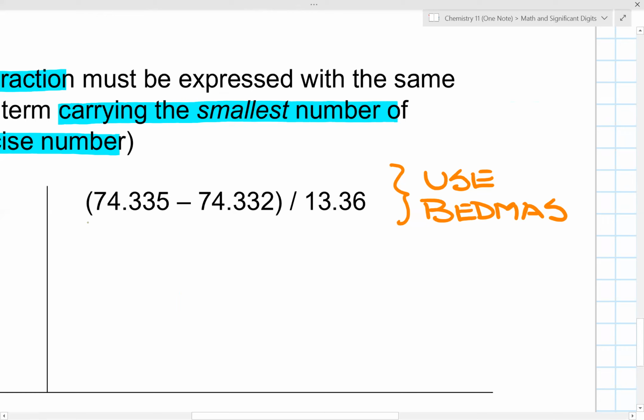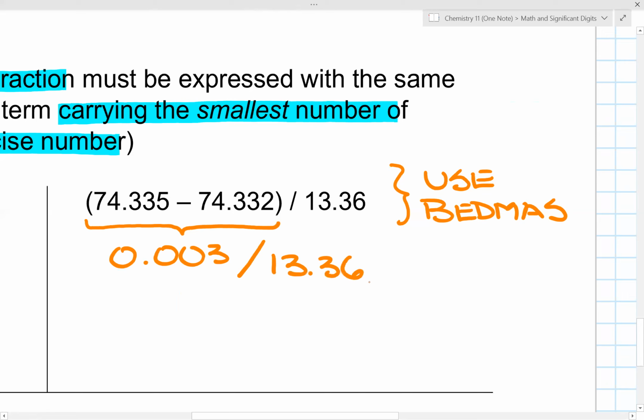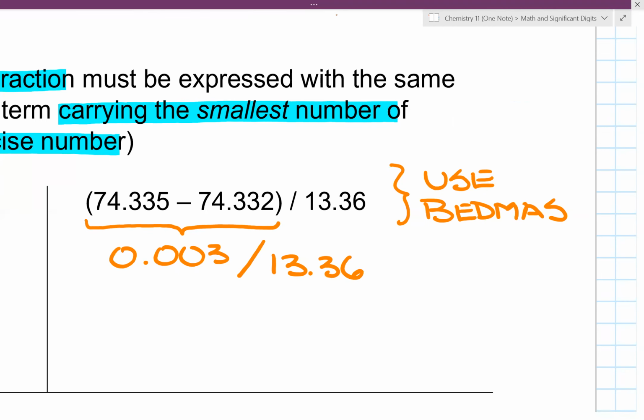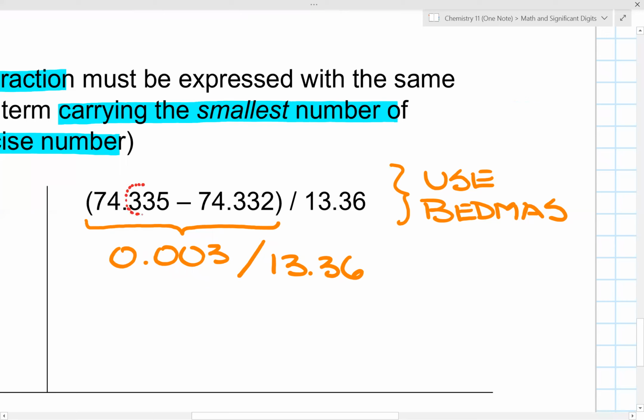So in this case, this answer would be 0.003, and divided by 13.36. Now, why did I keep 0.003? It is because there are 3 decimals here, so you need 3 decimals in your answer.